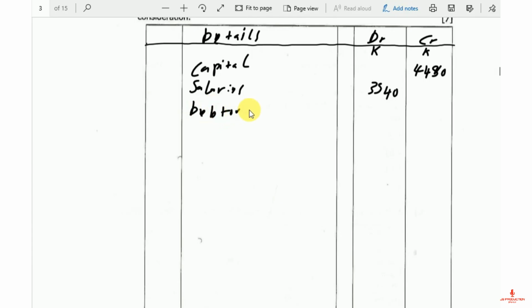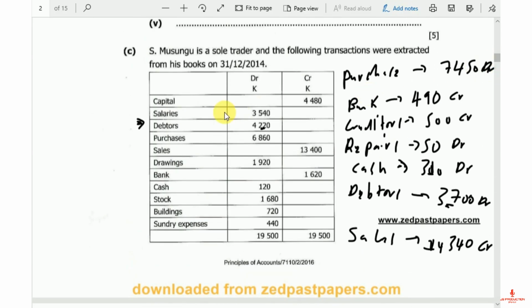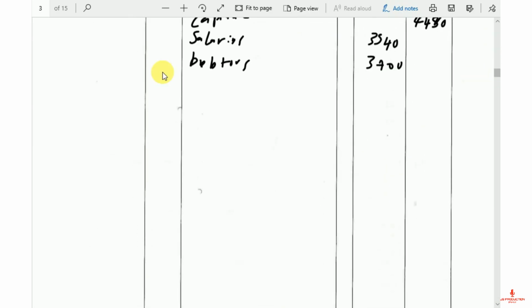Then we have purchases. Purchases was also affected, and our updated purchases is 7,450, and it had a debit balance. So 7,450 purchases.